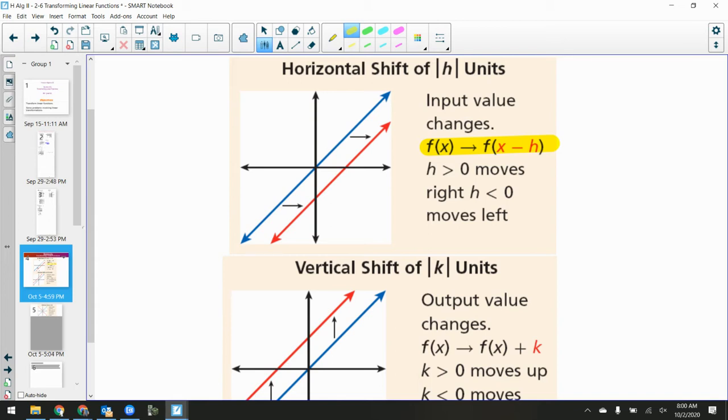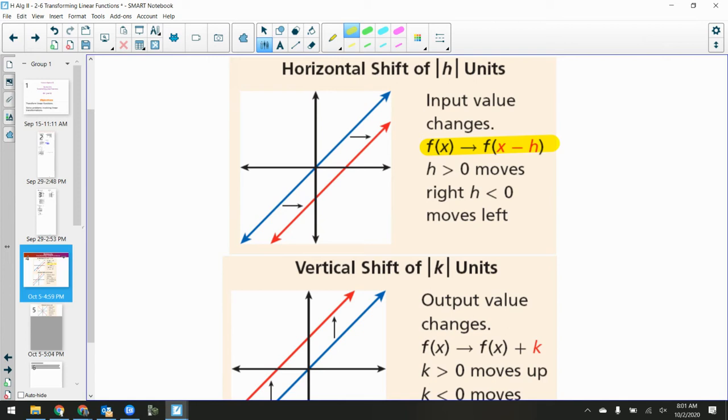Let's go right 4. That sound good? Right 4. That would mean I would take f of x and map it to f of x minus 4.